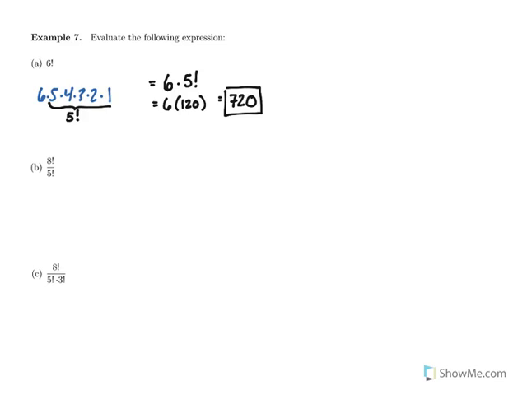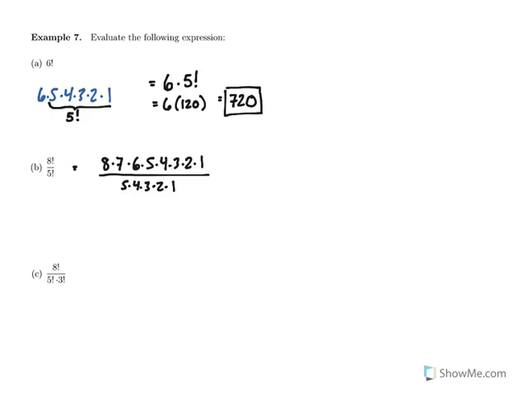8 factorial over 5 factorial. Let's write this out with the definition. 8 factorial is 8 times 7 times 6 times 5 times 4 times 3 times 2 times 1, all over 5 times 4 times 3 times 2 times 1, 5 factorial. And we could definitely just multiply the top and the bottom, and we can get an answer.